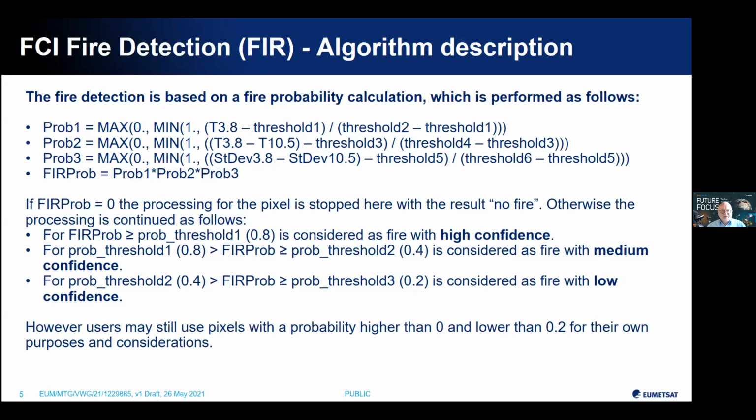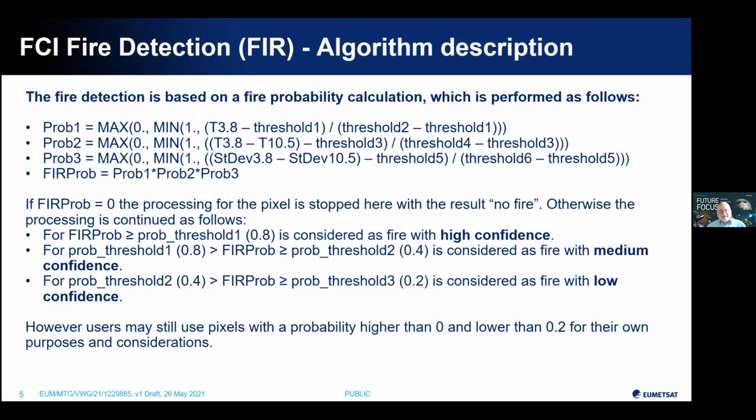And then we multiply the probabilities to get a fire probability. Just to mention, the thresholds for the first 2 probabilities are calculated from forecast data and RTTOV calculations, also corrected for surface emissivity.